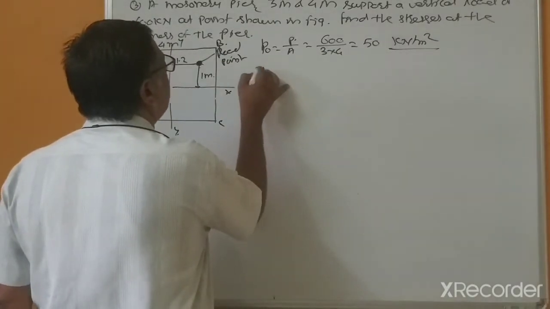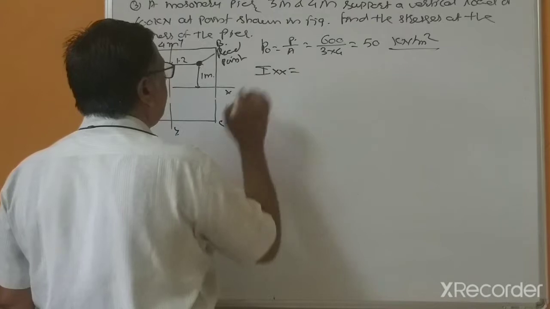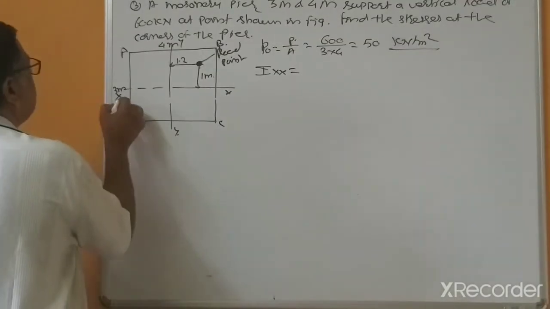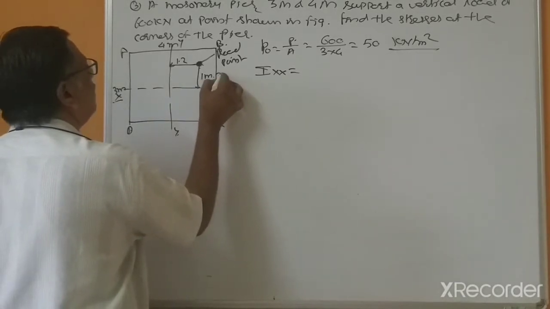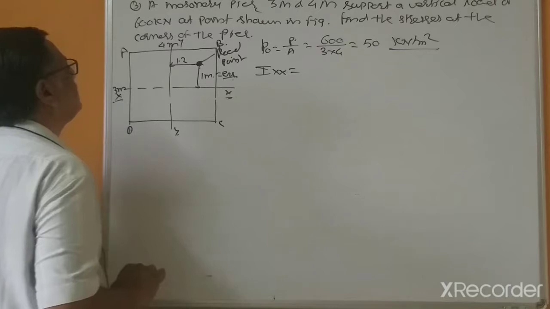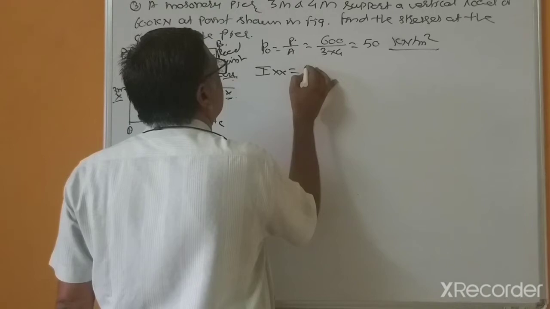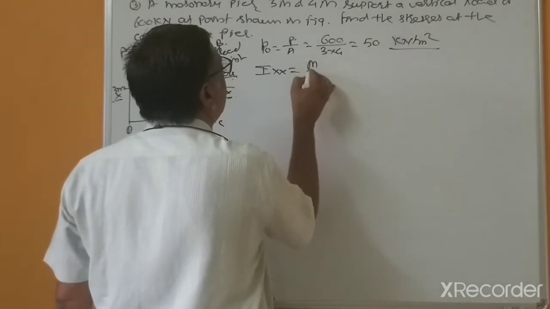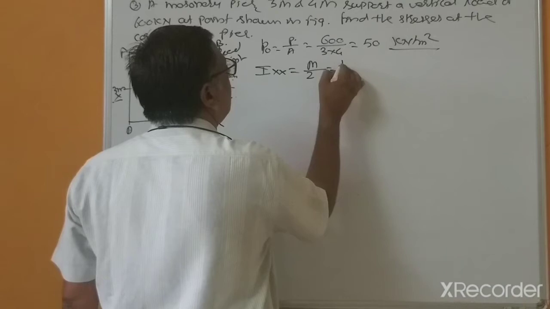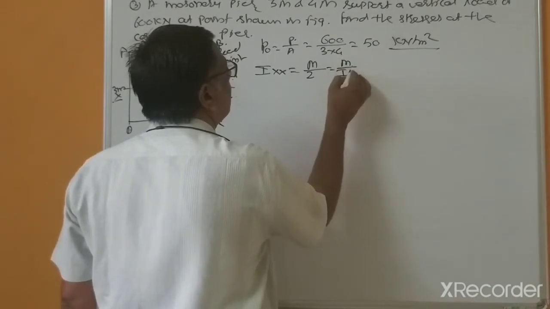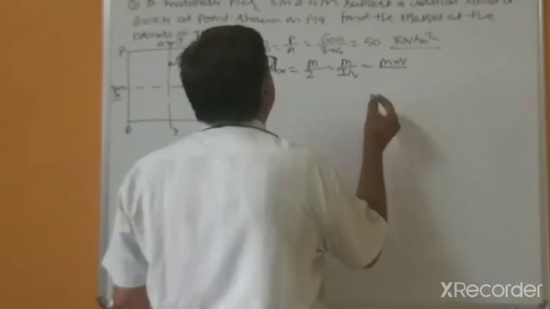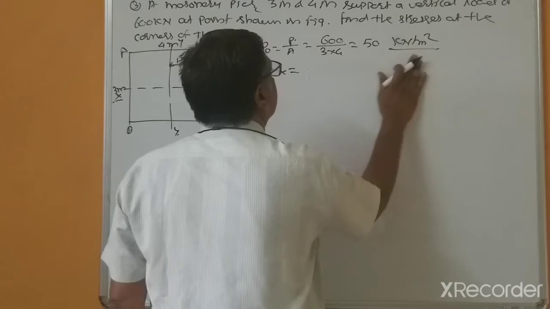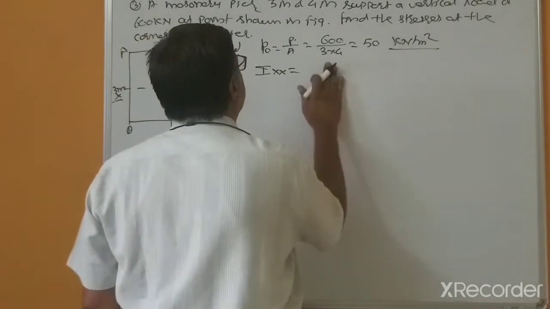Now first we will calculate moment of inertia about the x-axis. So this is called moment of inertia about x-axis, I x. Oh, sorry, this is only moment of inertia.